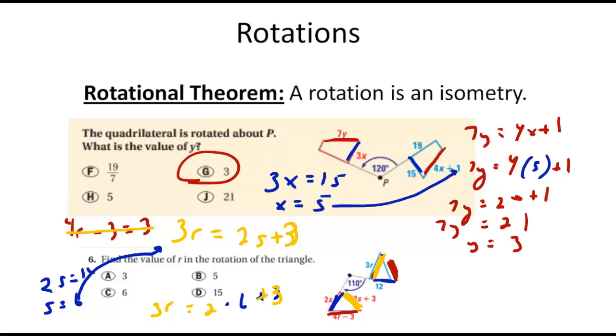I'm going to go right over here because I'm running out of room and getting super sloppy. So 3R equals 2 times 6 is 12, plus 3. 12 plus 3 is 15. Divide by 3, so R is 5. So my correct answer choice is B.